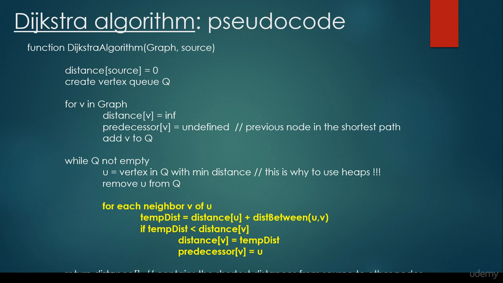So we get the u vertex from the queue, and we check for every neighbor of u, we call it v, are there any shorter paths? And if the temp distance is smaller than the distance of v, it means that yes, we have managed to find a shorter path, and that's why we update the distance for v to be equal to the temporary distance. And of course we have to update the predecessors as well.